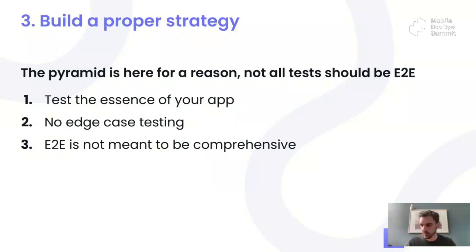End-to-end is expensive because it requires talking to a real server. They are usually longer to run. They are usually longer to put in place. So with your end-to-end testing, you really want to decide what you are going to test with them. And what we think is super important is that you want to test the essence of your app. You have an e-commerce app.